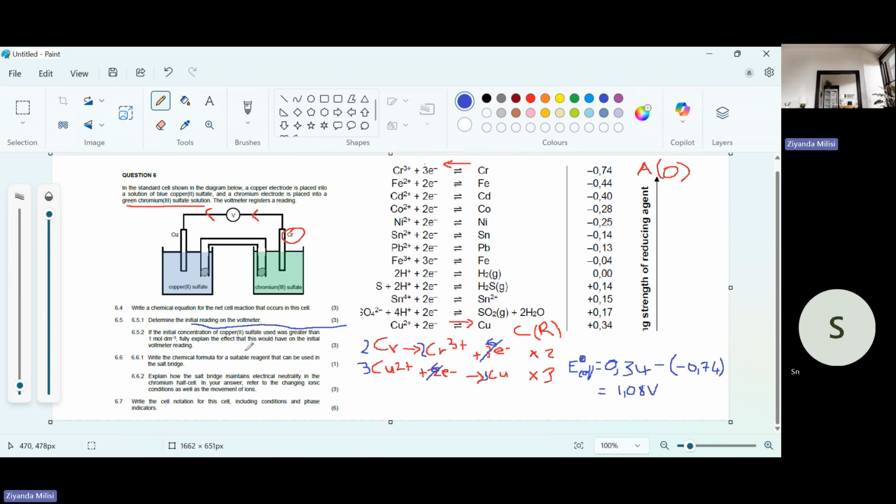Fully explain the effect this will have on the voltmeter reading. All right, you must check first, is Cu2 plus a reactant or a product? It's a reactant. Can you see that the copper sulfate ions it's a reactant?